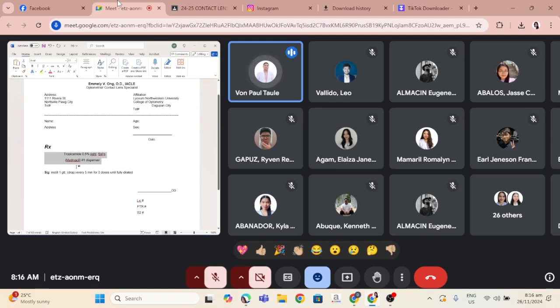For example, we have done some tests for your patients to determine a certain type of disease and its management. So we have to include here your patient's diagnosis.